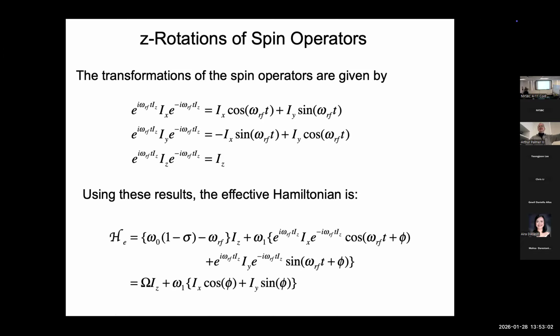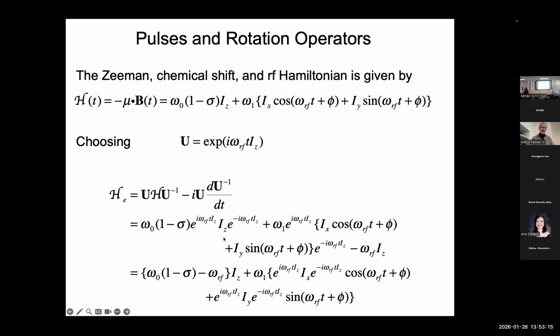The phase of this field turns into what appears to be a fixed rotation axis in the rotating frame. And here, this bit, omega naught 1 minus sigma, what we think of as the resonance frequency of some spin, then becomes in the rotating frame omega, the difference between the true frequency and wherever we put the carrier.